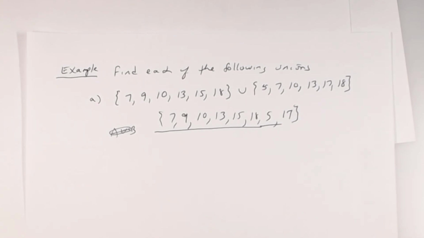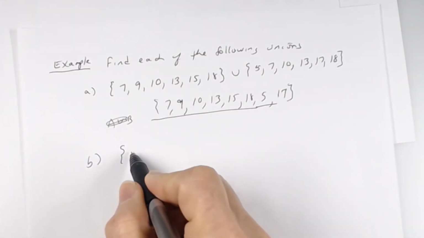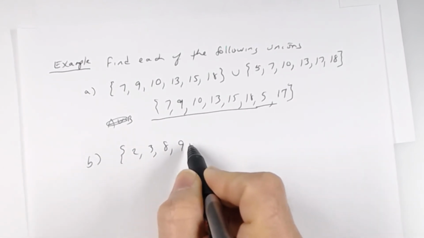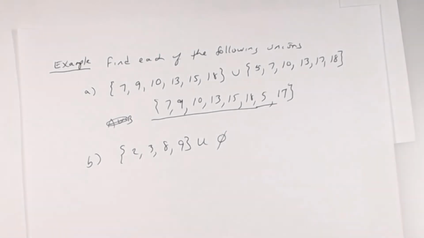And let's put an empty set in there, just like we did with intersection. Okay, so 2, 3, 8, and 9, union the empty set. Now remember, the intersection of a set and an empty set was the empty set.